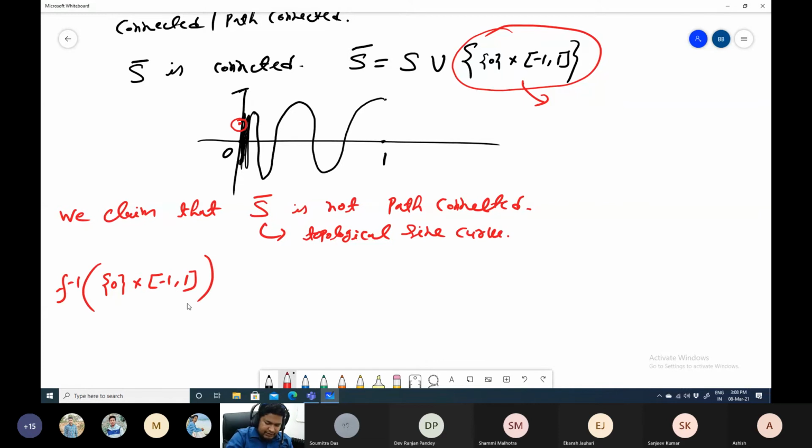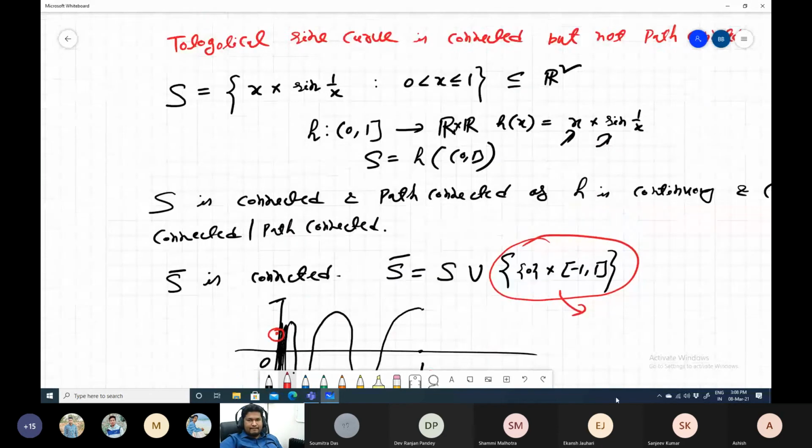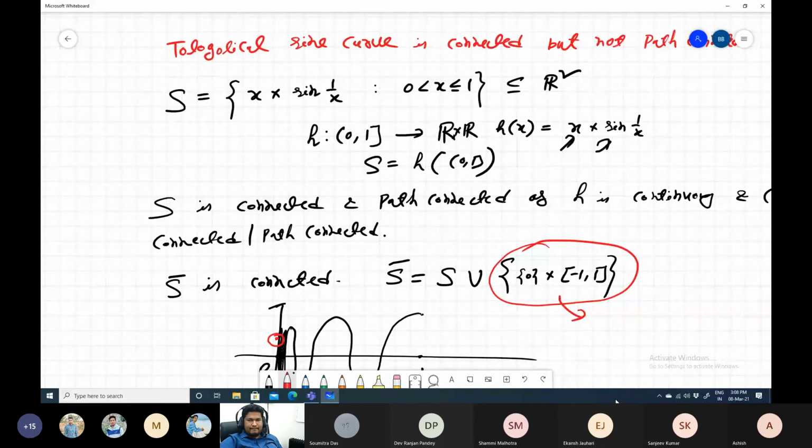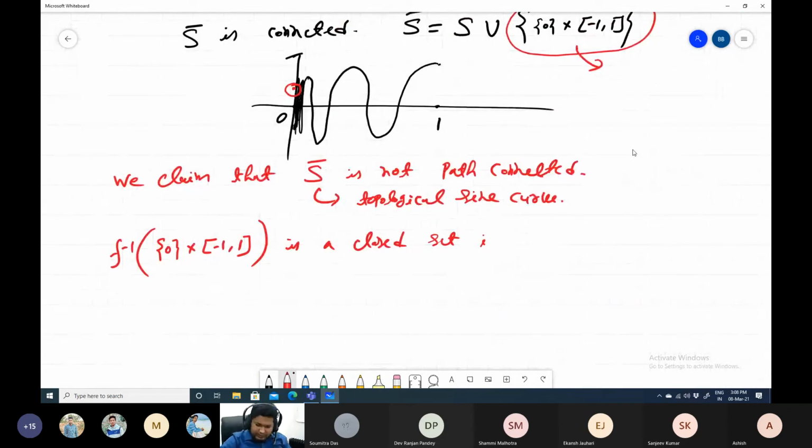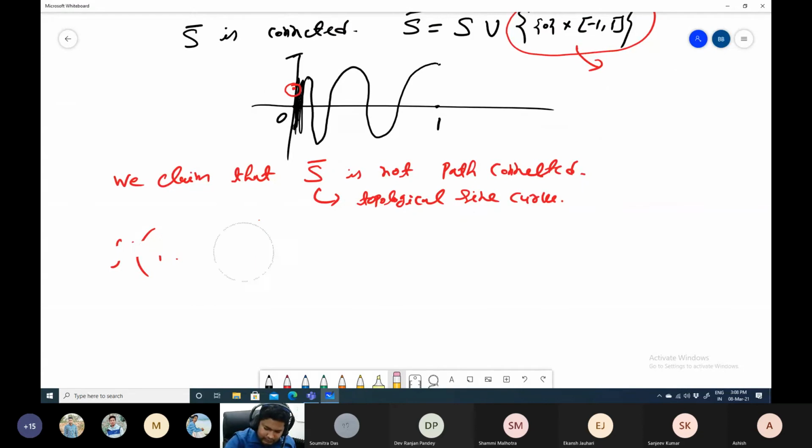So therefore f inverse of this is a closed set in where? Oh, first of all, I have not defined f, right? First we define f. Okay. Now is that clear?